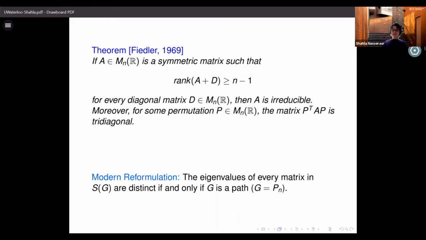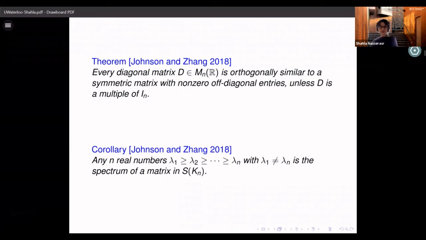There are some other graphs for which the inverse eigenvalue problem is completely solved. Complete graphs are one of them, and there are several proofs for this. I chose the one by Johnson and Zhang because their proof is really simple. They say that if you start with a diagonal matrix such that at least two of the diagonal entries are distinct, so not all of them are the same, then you can perform a bunch of Givens transformations so that at the end you get a matrix where none of the entries outside of the diagonal are 0.